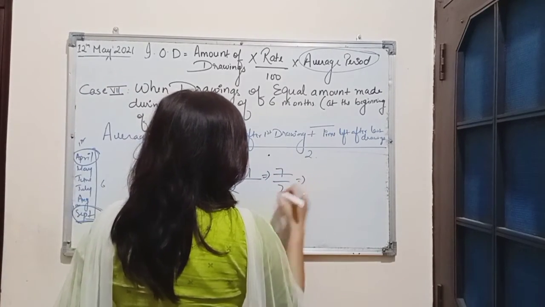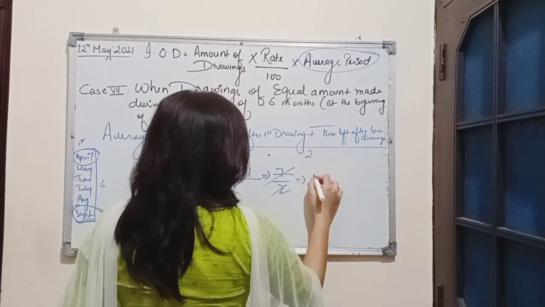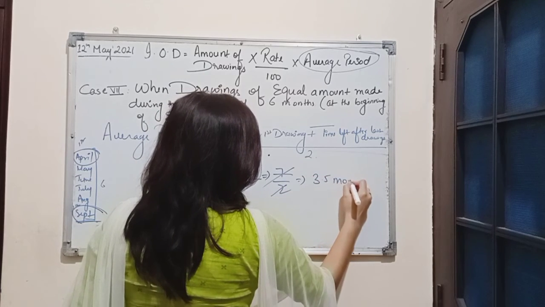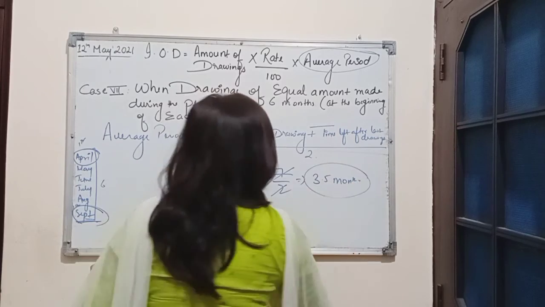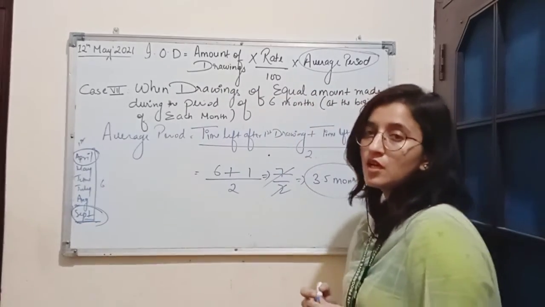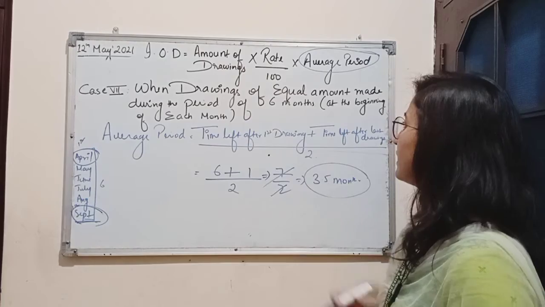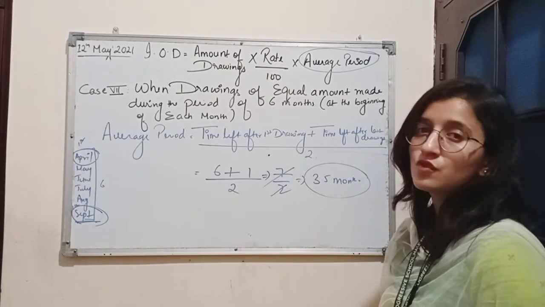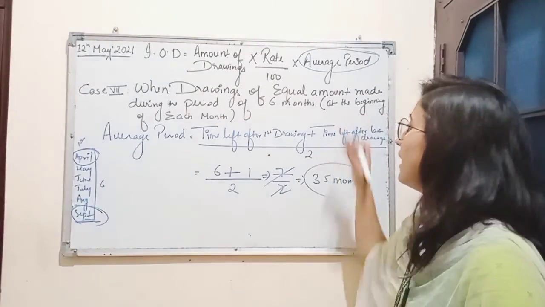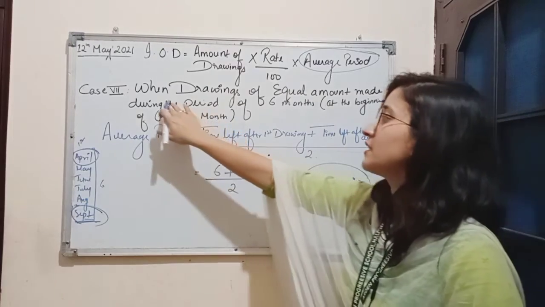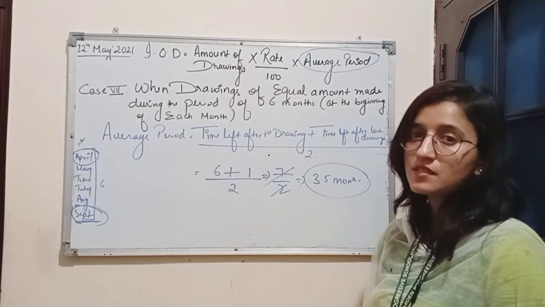We will get the duration 3.5 months as average period. So average period in the 7th case, where the amount of drawing is withdrawn by the partner at the beginning of each month in a time duration of 6 months.